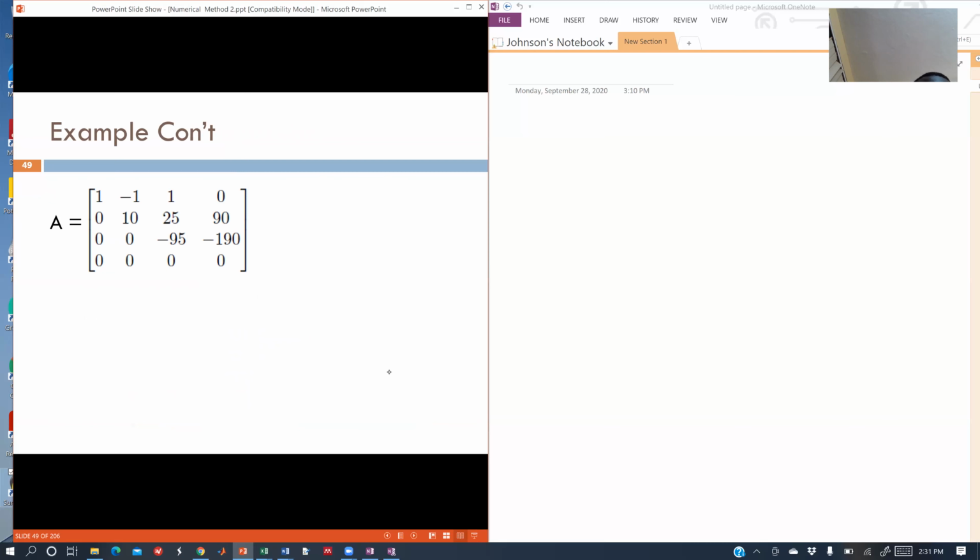If I go through the Gaussian elimination to reduce the matrix into its row echelon form, what you see on the screen is what you get. The second definition says that it is the number of non-zero rows in the row-reduced form of the matrix.